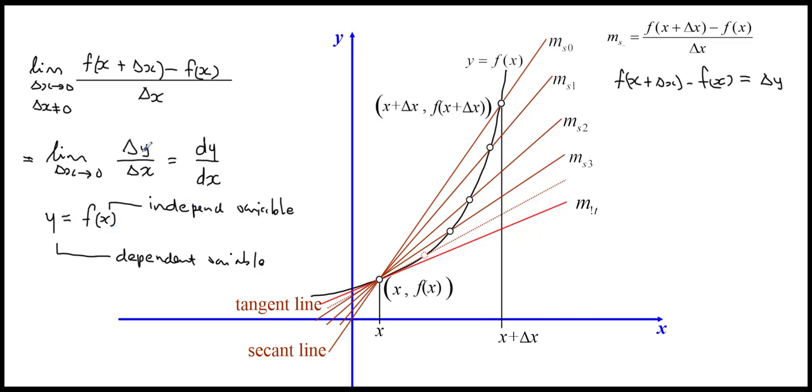Here we're looking at the limit of the change in the dependent variable with respect to the change in the independent variable, that is, the rate of change of the dependent variable with respect to the independent variable, taken to the limit. We denote that limit this way, and call it the derivative of y with respect to x. So here x is the independent variable.